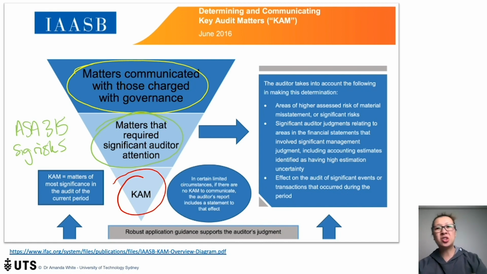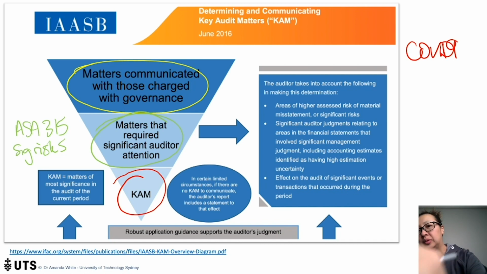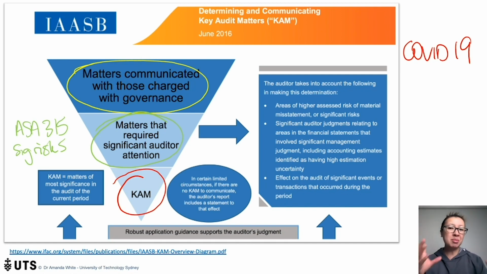Potentially under our current COVID-19 situation, we may see things like evaluating going concern fall into key audit matters for 2020. Now, we haven't had a lot of annual reports in this area yet, but that's something we'll be keeping an eye on.